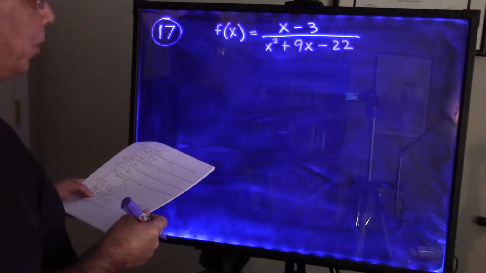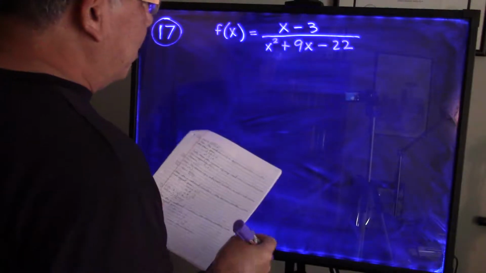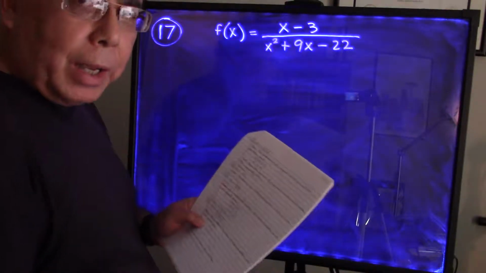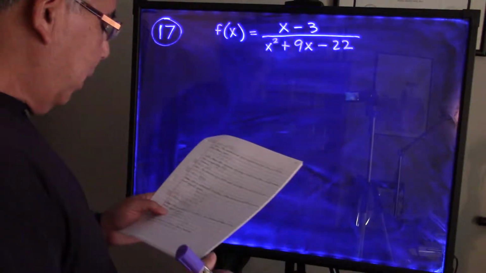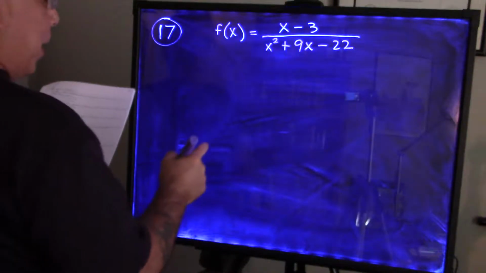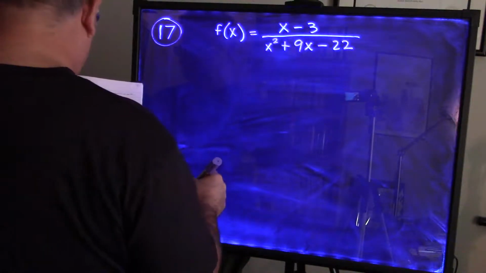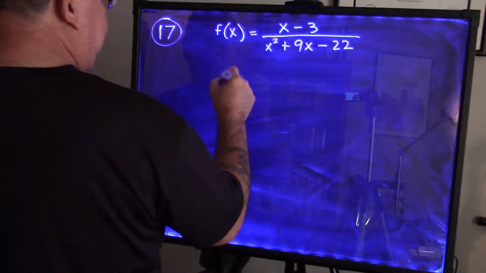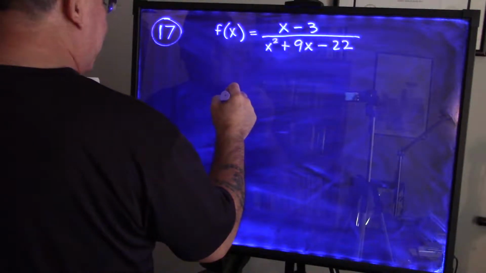Again with a rational function, the problem is in the denominator. You cannot have a zero denominator, otherwise it's undefined. So we'll set the denominator equal to 0 this time, and we'll solve for x, and then that will show us what is not in the domain.